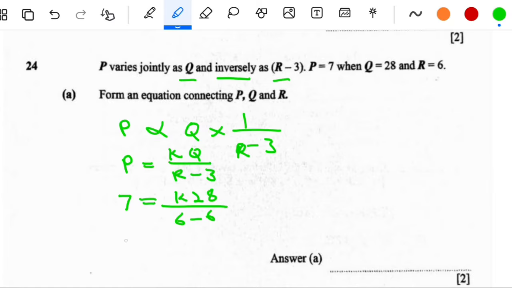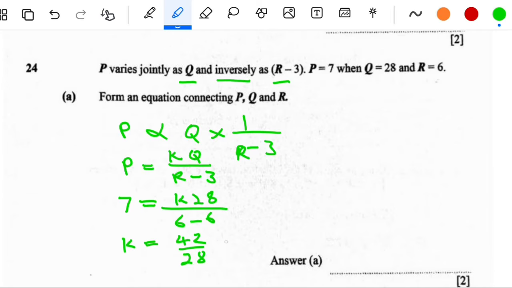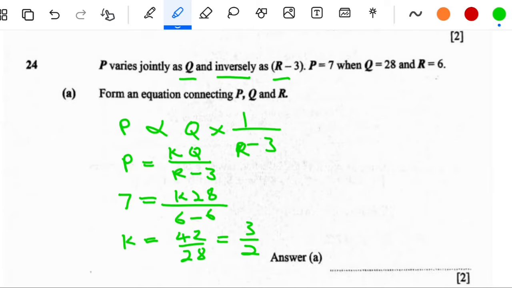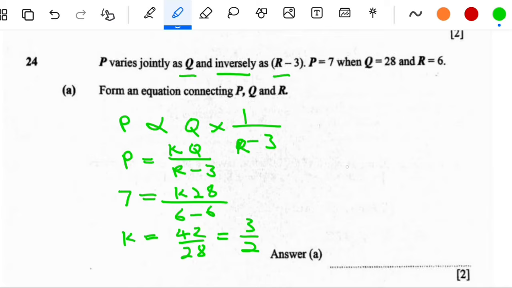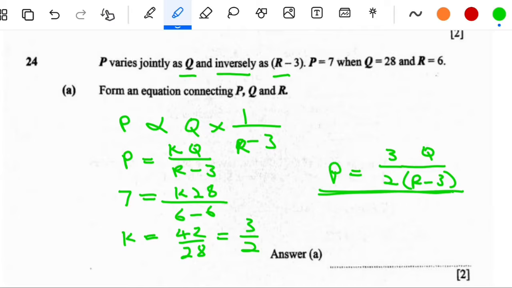I can simplify that one and get my k as equals 42 over 28, which is same as 3 over 2. Knowing that one, I can rewrite my equation as P equals 3 over 2 times Q over R minus 3. So this is my equation there.